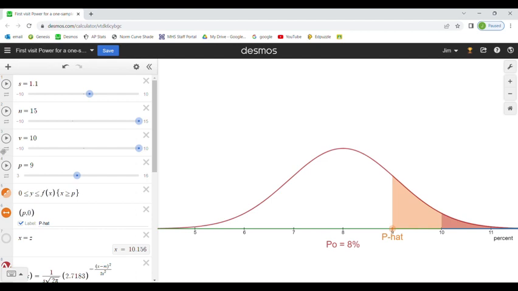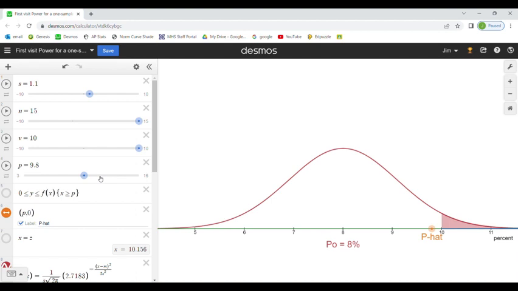Now, the further up our p hat gets, of course, the shaded region gets smaller, and so that means the probability that this could happen when the true blemish rate is 8% gets a little bit smaller. And so once we get past the shaded region there in the red, that represents our alpha level of 5%.